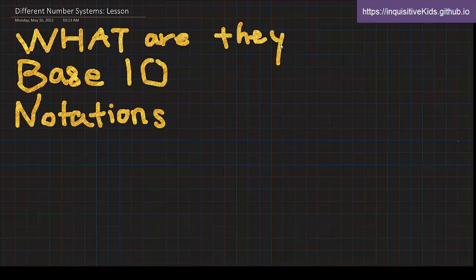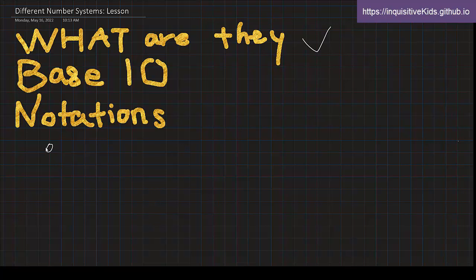So let's first look at our first point right here. What are they? A number system is a system of how you write down your numbers. For example, right now we have 1. Maybe it's a circle, a rock, whatever.